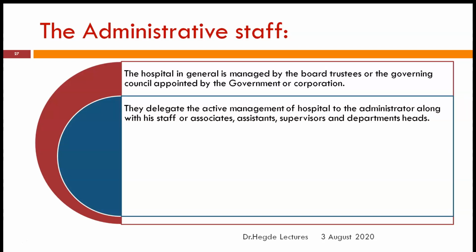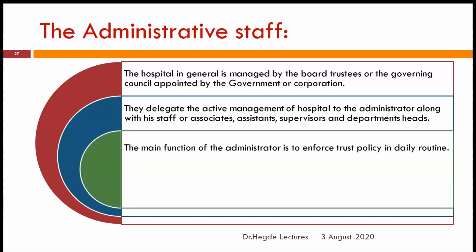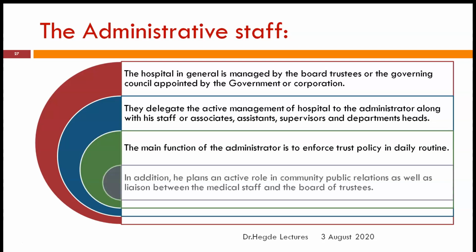There will be assistants, supervisors and department heads. The main function of the administrator is to enforce trust policy in daily routine. In addition, he plays an active role in community public relations as well as liaison between the medical staff and board of trustees.